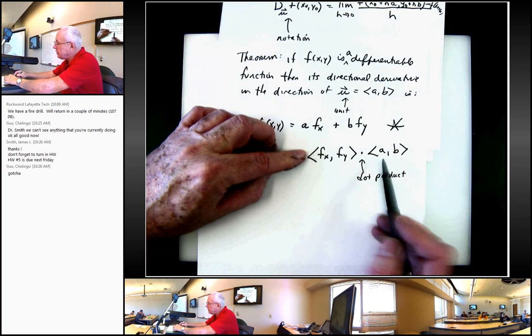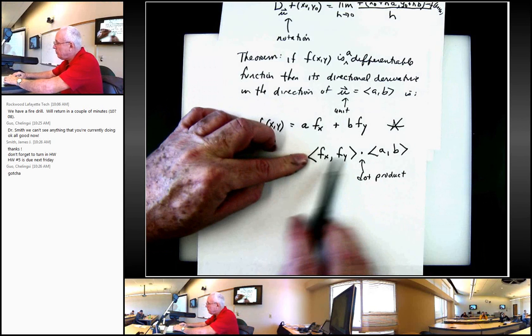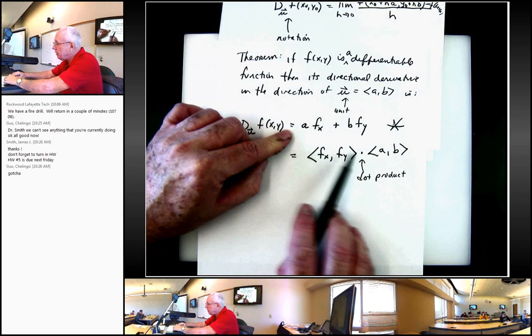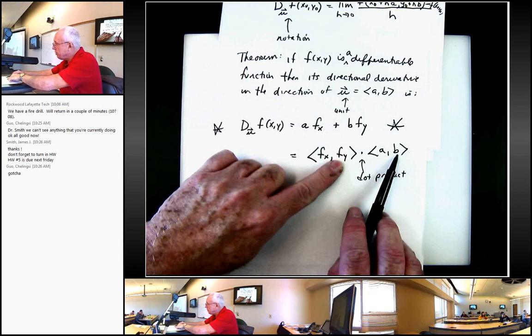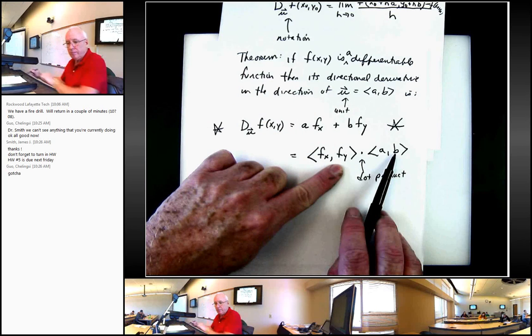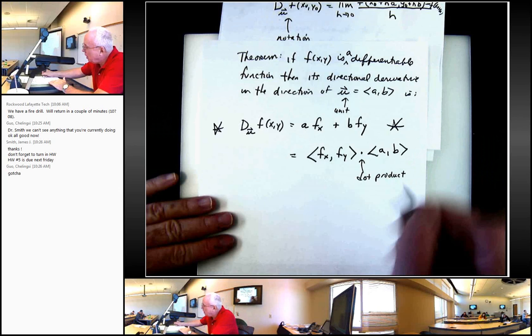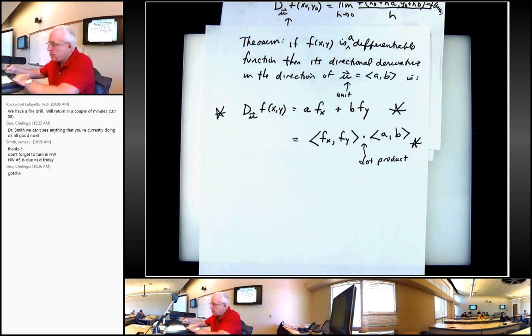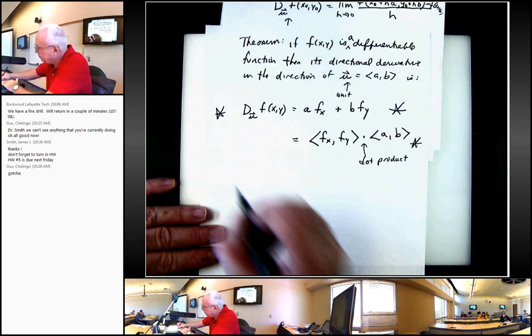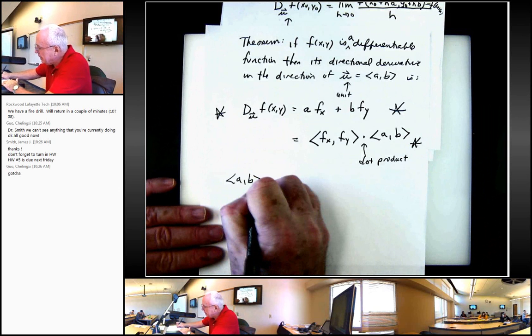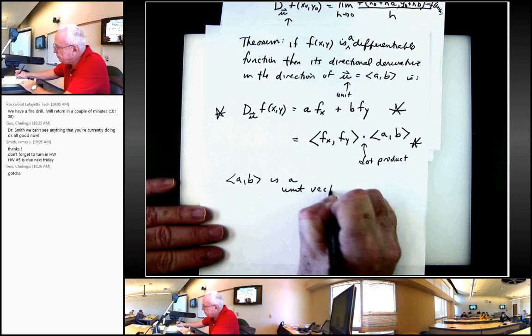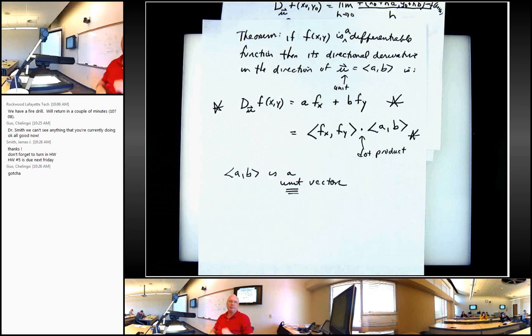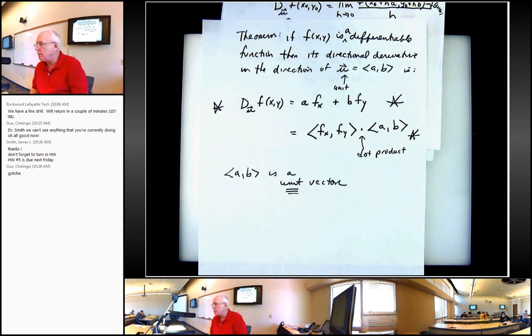So the dot product here is f_x times a, which is the first component I have up here, plus multiplying the second components together, f_y times b. So this is another way of denoting the directional derivative. Now, remember this (a, b) is a unit vector. I know I keep repeating that, but I want to make sure that we understand that.